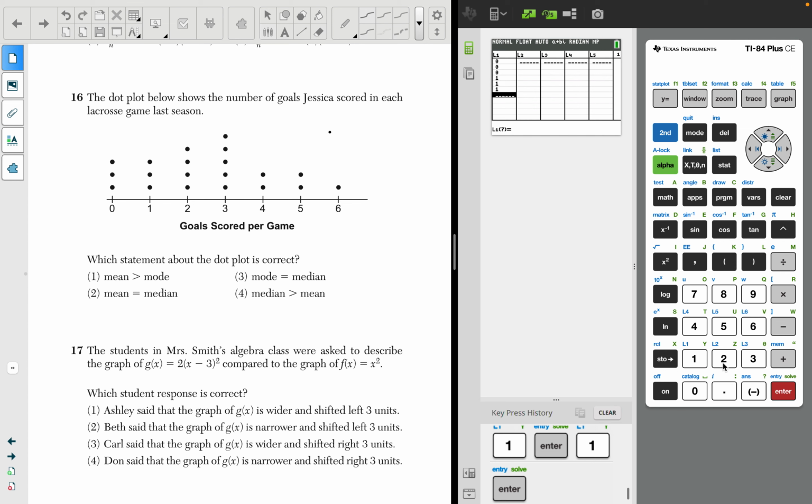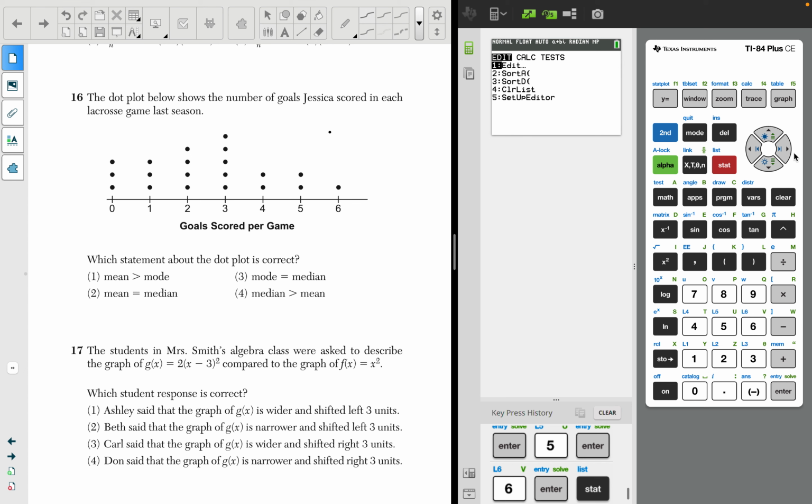For every dot, you're going to input the number. 2, 3, 4, 1, 2, 3, 4, 5, 1, 2, 3, 4. Now you're going to do stat, calc, and then you're going to do 1 for one variable statistics.